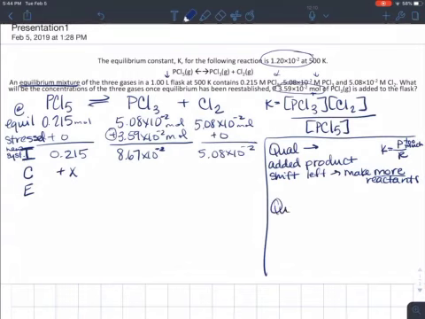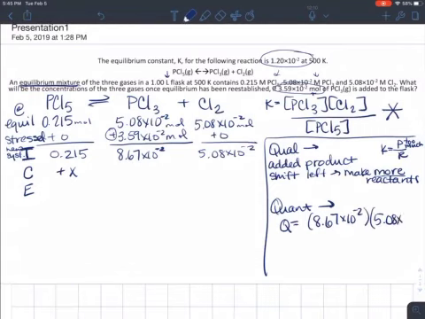If we wanted to do this quantitatively, we could confirm our qualitative assumption. So we can solve for Q, remembering Q is a number. It is set up the same way that K is set up, so we can use this expression. So my concentration for PCl3 is 8.67 times 10 to the minus 2. For Cl2, it's 5.08 times 10 to the minus 2.